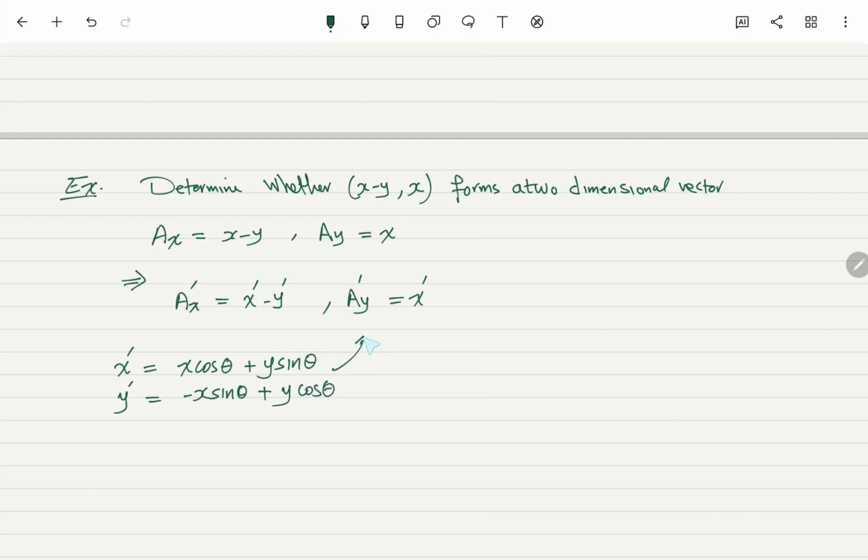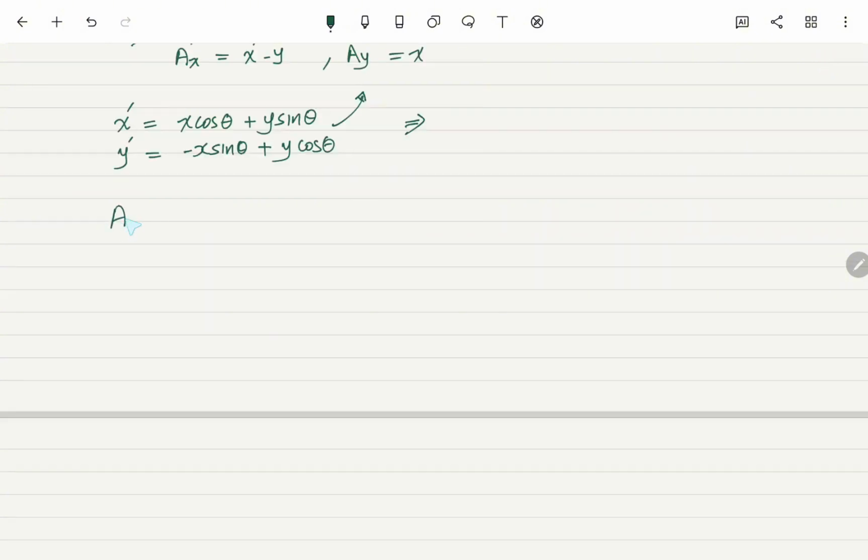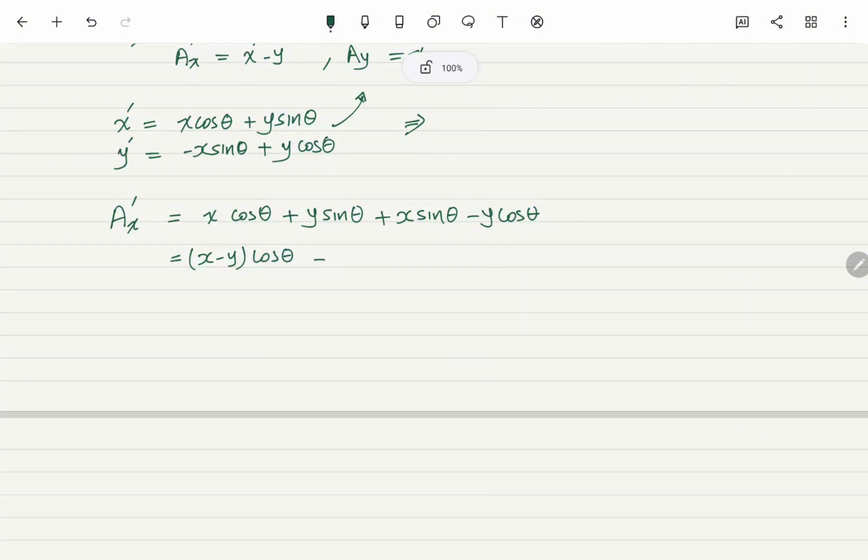If we substitute this back in this one here, we will get ax prime equal to x cosine theta plus y sine theta plus x sine theta minus y cosine theta, or x minus y cosine theta plus x plus y sine theta.